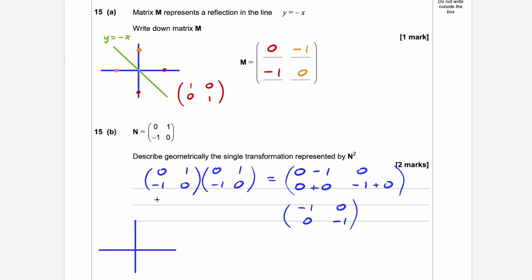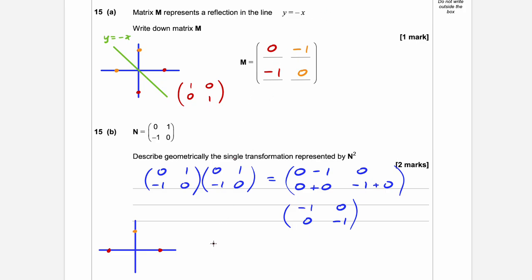Okay, our (1, 0) is here, and our (0, 1) is here. The (1, 0) has moved to (-1, 0), so this guy has moved to there.